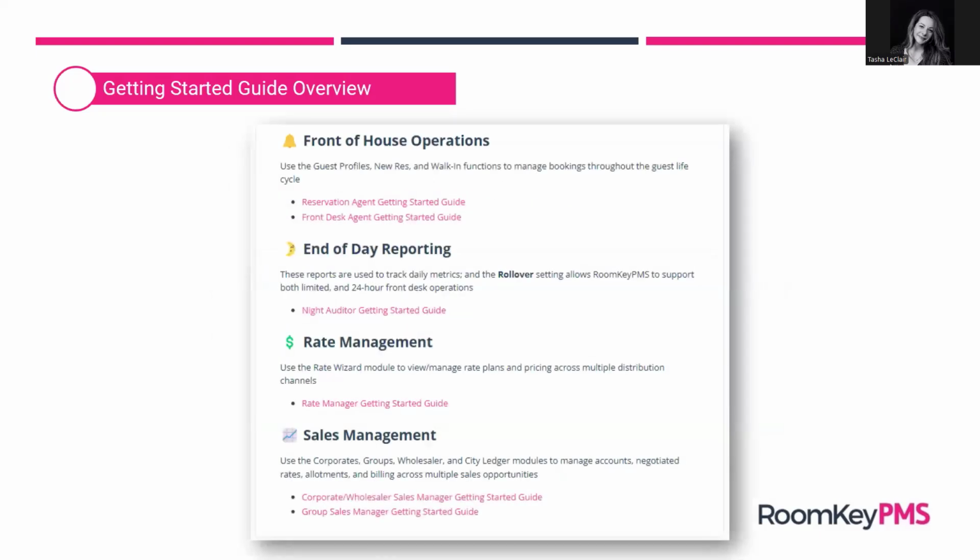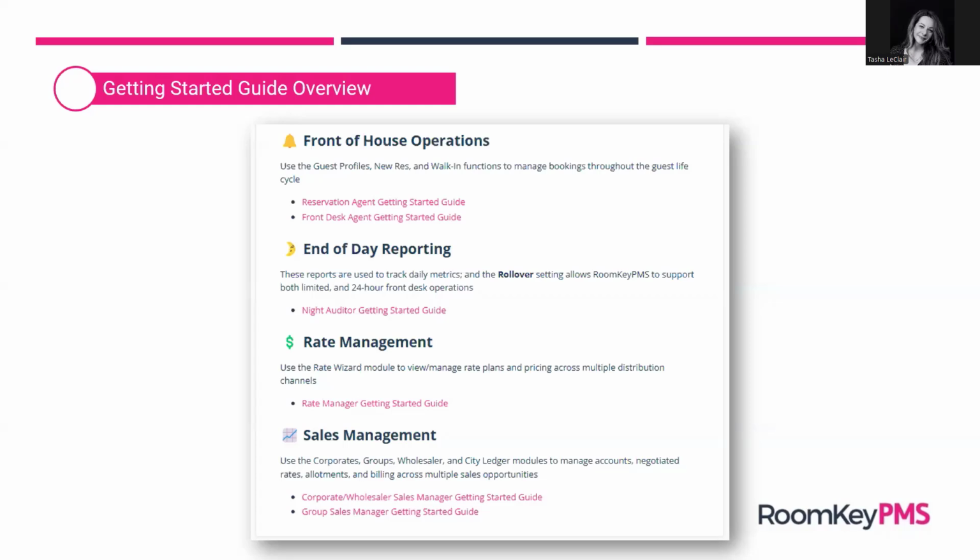And then it is sectioned off into the different groupings that we have for our Getting Started guide so far. So we've grouped the roles at the hotel based off of front of house operations, end of day reporting, rate management, and sales management. Now we are looking at expanding some of these groupings, but they will all be contained on this first initial Getting Started guide.